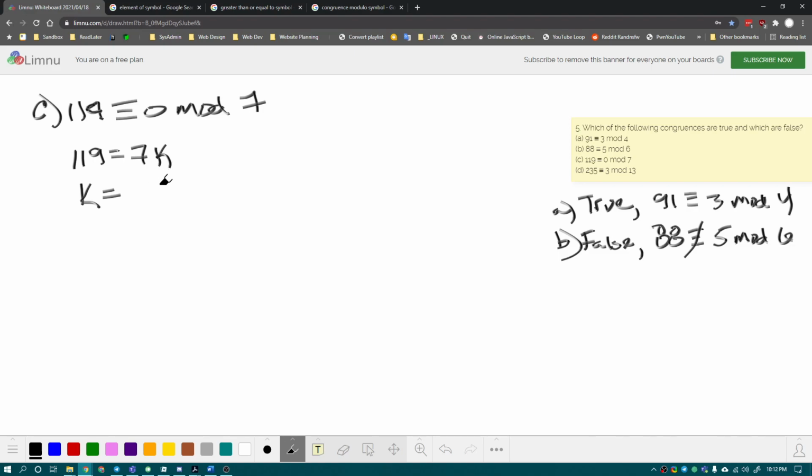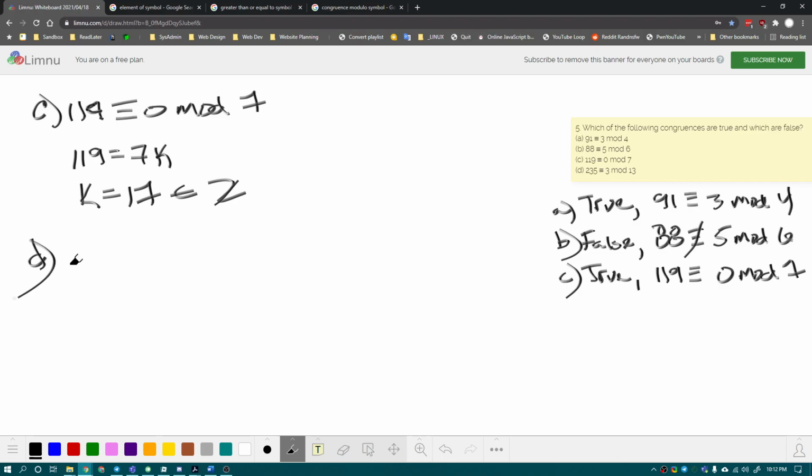And I was wrong, okay, it is 17. Yep. So C would be true. 119 is congruent to 0 mod 7.